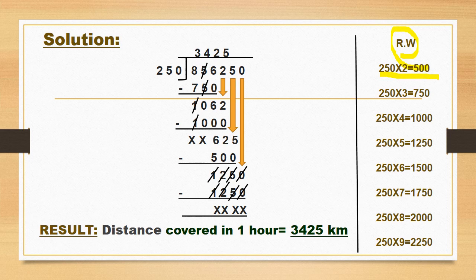First write the sign of division. Here is the division sign. Then write the divisor, which is 250, outside of the sign. And then write the dividend 856,250 inside.